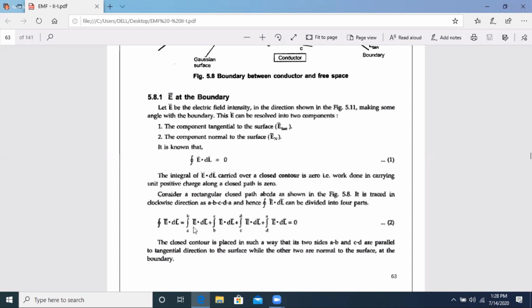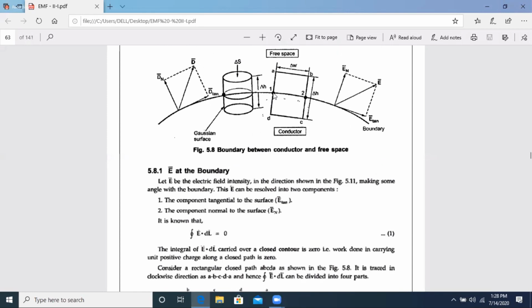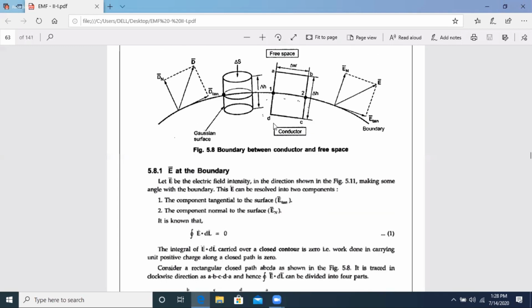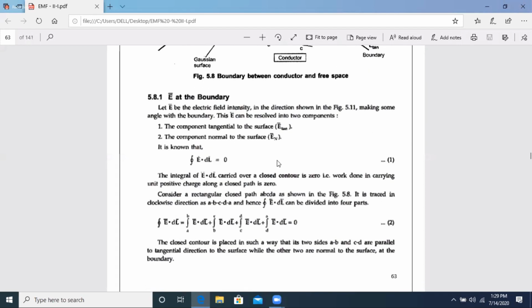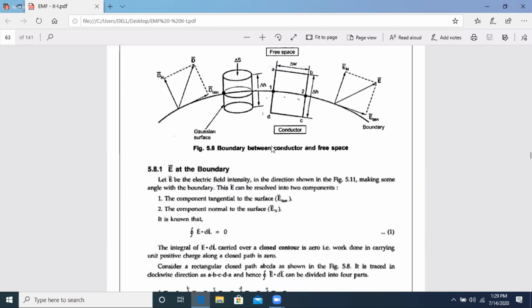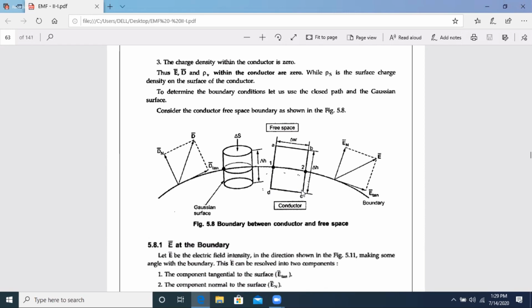So we're choosing this path from A to B, B to C, C to D, D to A. So the integral of E dot dl along that closed path is 0. Note that this and this are parallel.